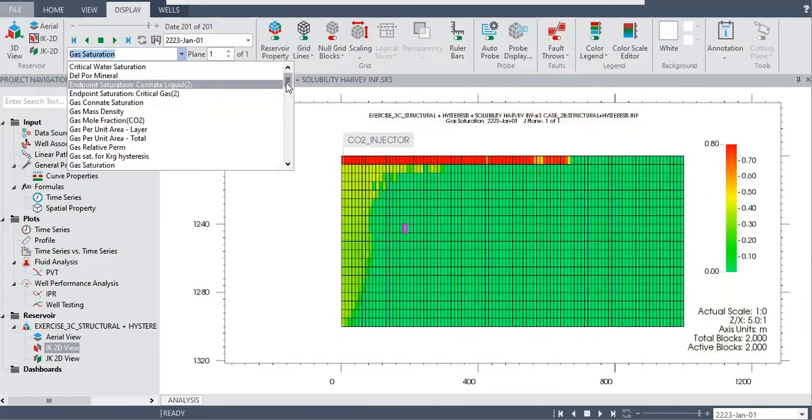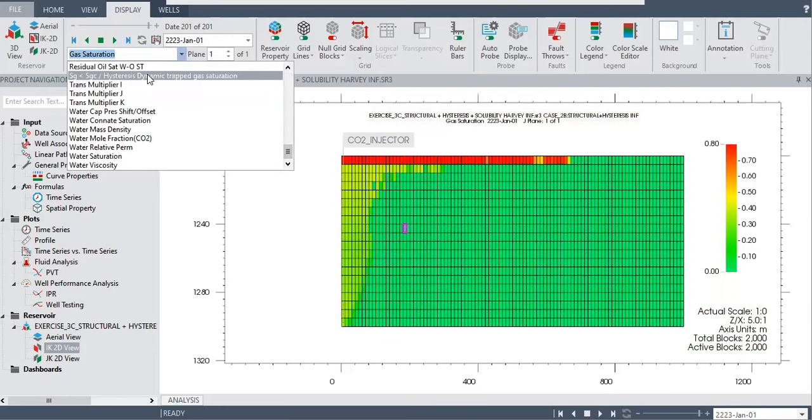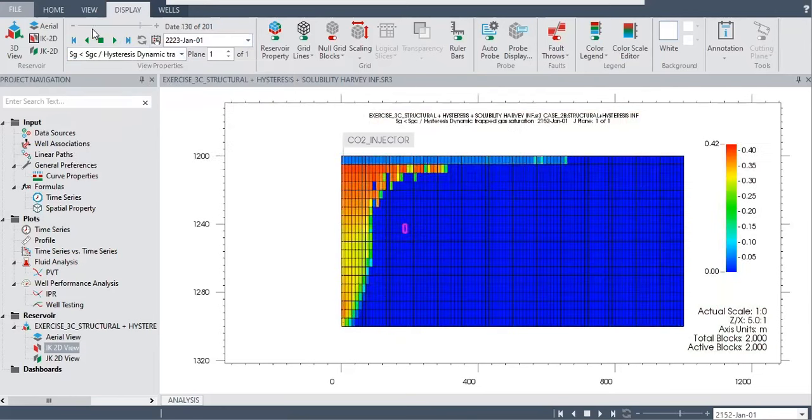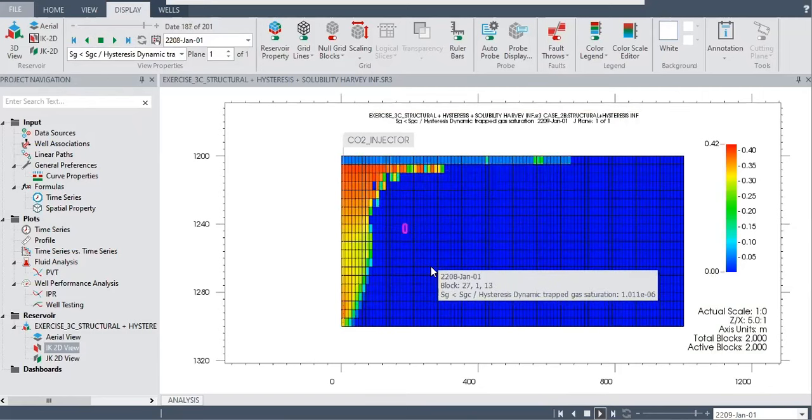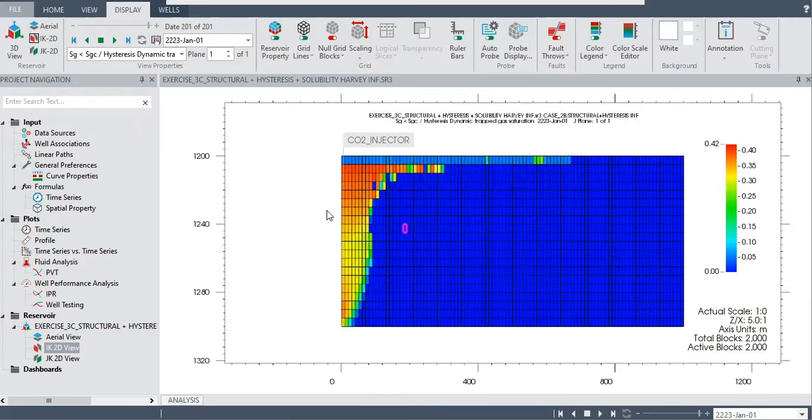Let's check, as usual, this one. All right. So this is the profile for gas saturation below the critical gas saturation.